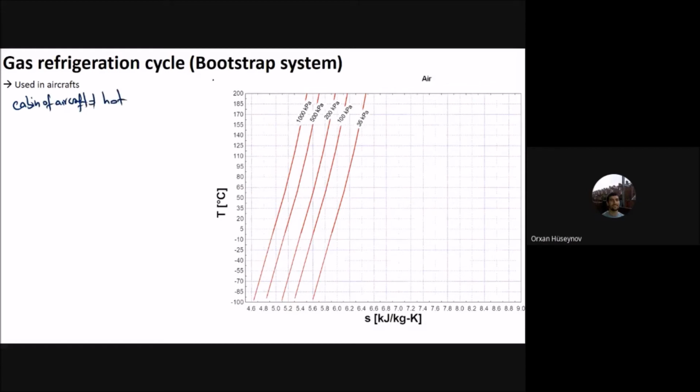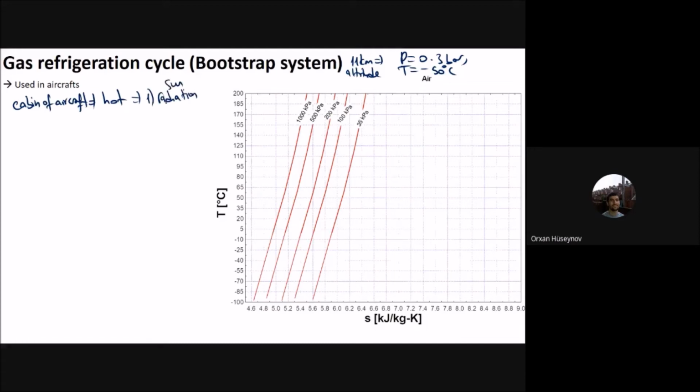Why is it hot? In reality, the aircraft flies at 11 kilometers altitude, and at this altitude the pressure is about 0.3 bar and the temperature is negative 50 degrees Celsius. At this temperature and these pressure values, the cabin of the aircraft is still hot. It is due to radiation from the sun.